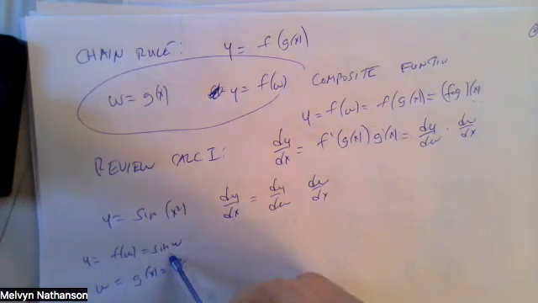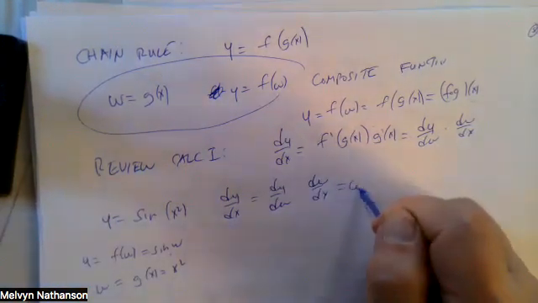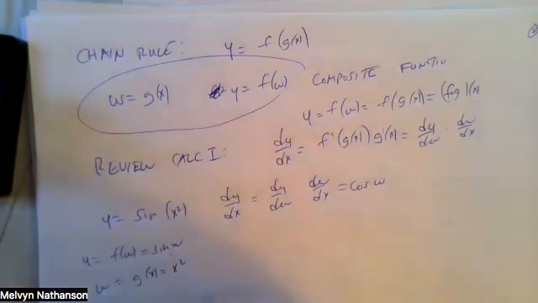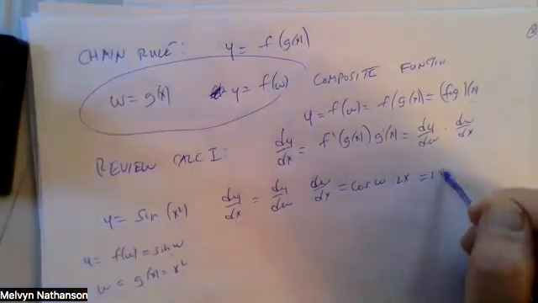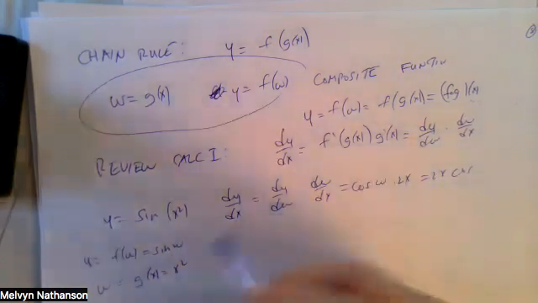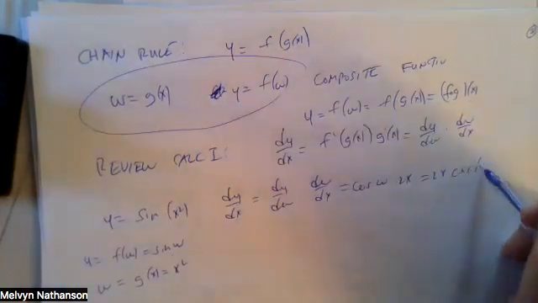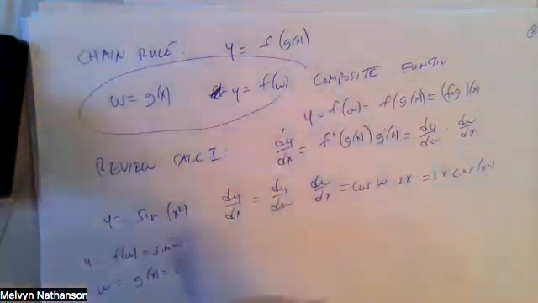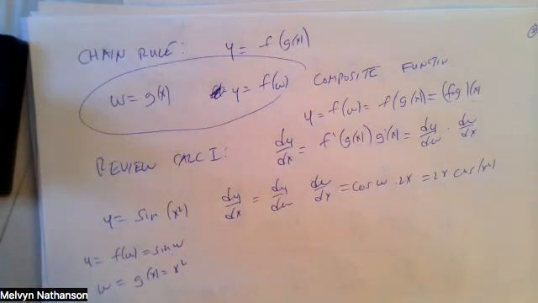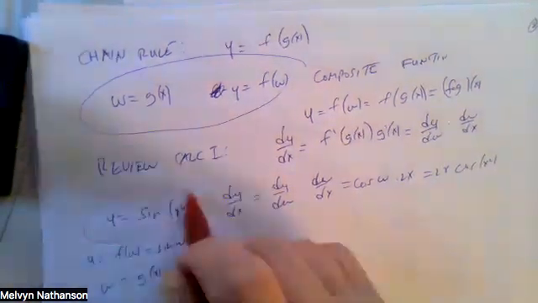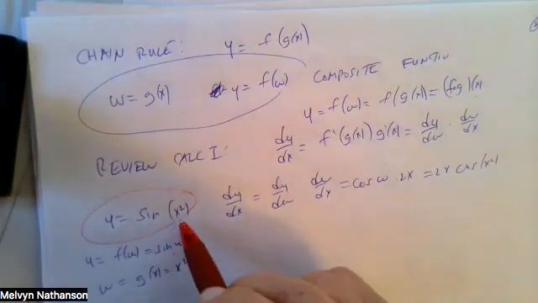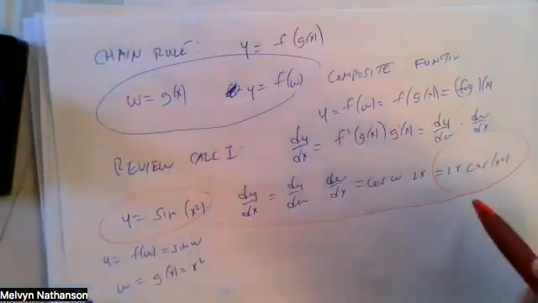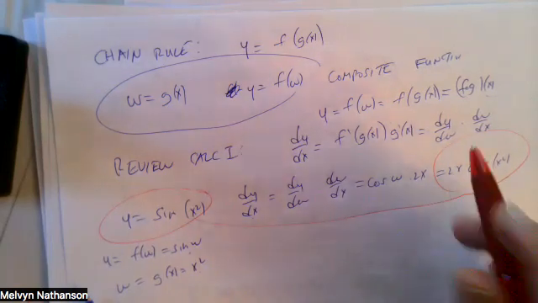If y is sine w, dy dw is cosine w. dw dx is 2x, so it's 2x times the cosine of w, which is x squared. Right? So you have to know that if y is sine of x squared, the derivative is 2x cosine of x squared.